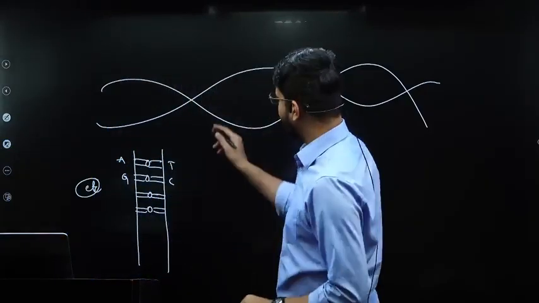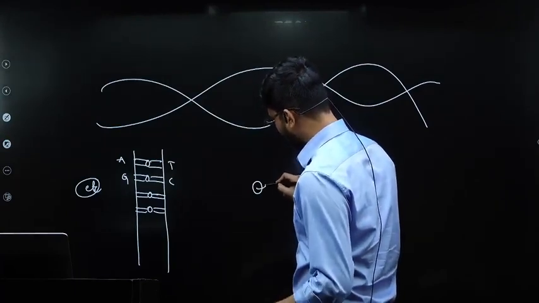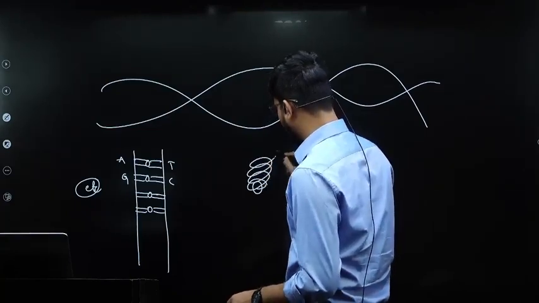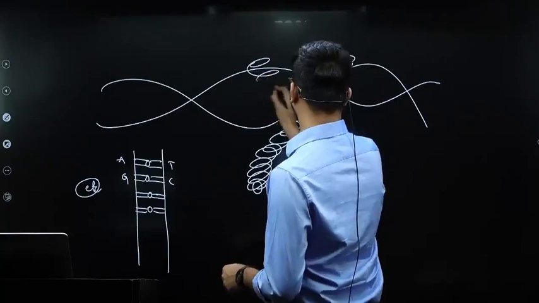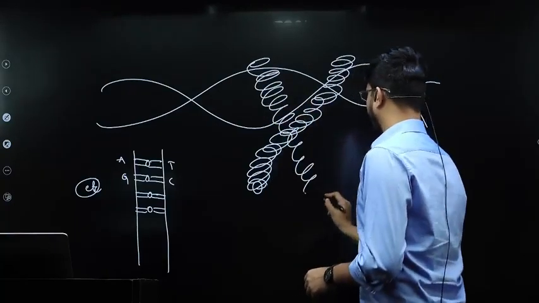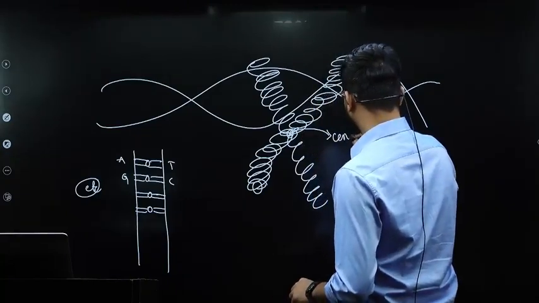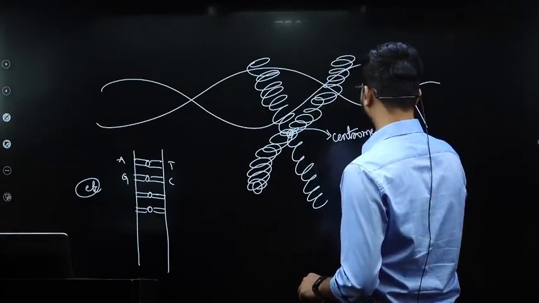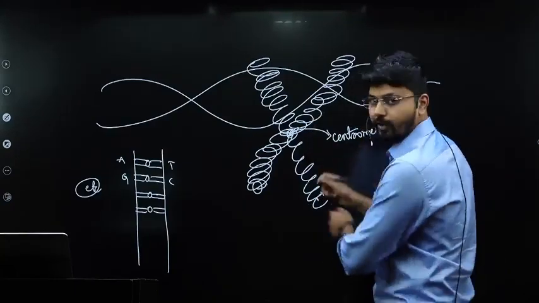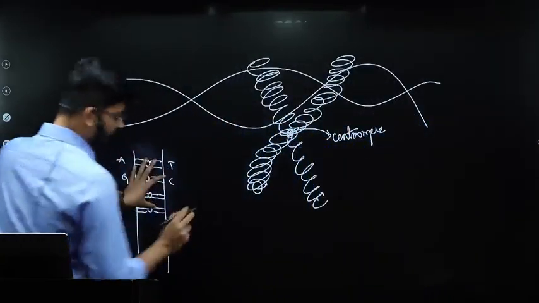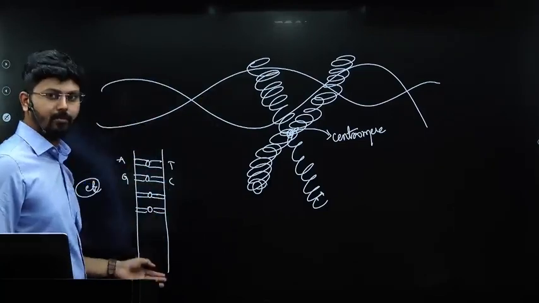When this DNA is wound around histone proteins, it is wound like this, right? And there is the centromere. Now some part, that means this length, when you expand it and put it straight, will become a thread again, and if you put it properly, it will become this form.